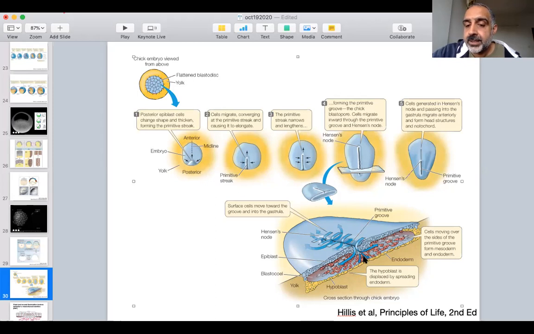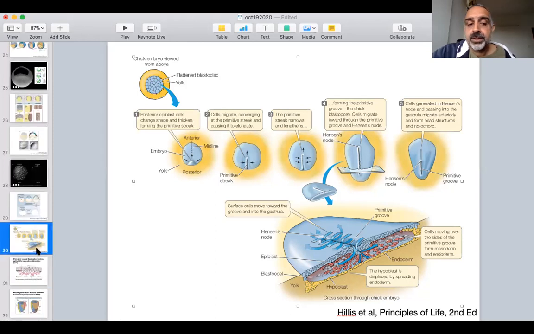So you're getting new endoderm, what's called definitive endoderm, replacing the embryo's old hypoblast endoderm. Okay, and we'll talk about this in later lectures. But this was to introduce you to another cell behavior that is important to know about.